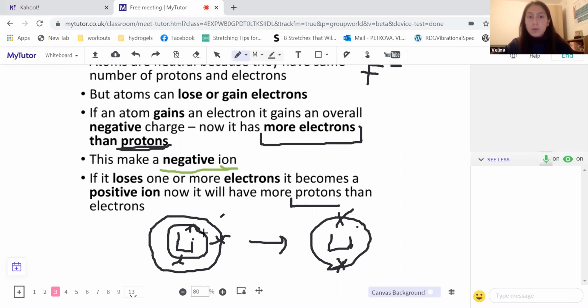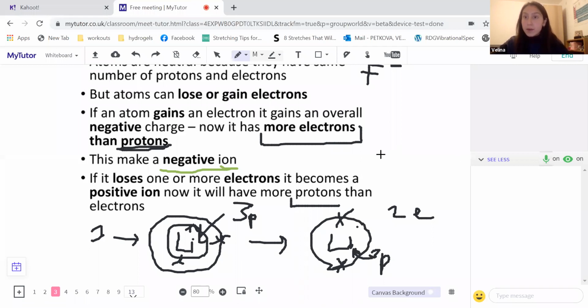How many protons do we have in the nucleus? We had 3, and in the neutral atom we also had 3 electrons on the outside. Now we've lost an electron, so we've got 2 electrons on the outside but still 3 protons in the nucleus. Therefore we have 3 positive charges and only 2 negative charges, so we have a positive overall charge.